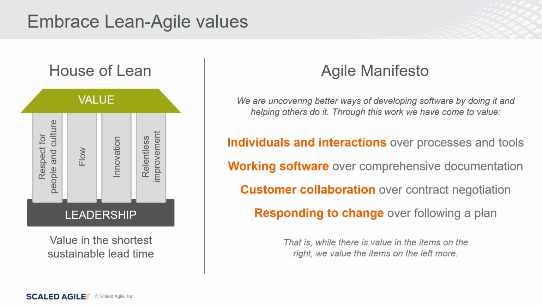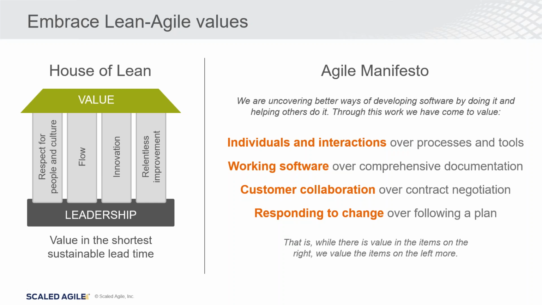You'll notice the highlighted words on the left: individuals and interactions over processes and tools; working software, and I think of that as working products, over comprehensive documentation; customer collaboration over contract negotiation; and responding to change over following a plan.